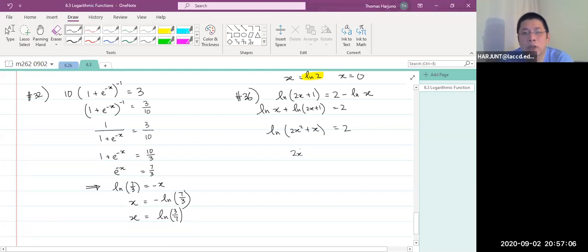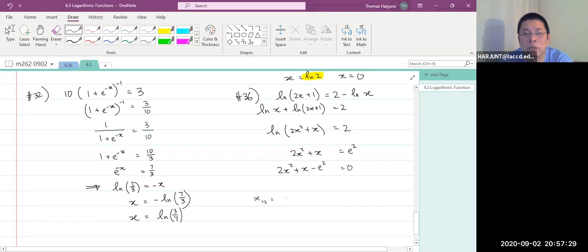Therefore, 2x squared plus x equals e squared. Right? Okay, let me set it equal to 0.